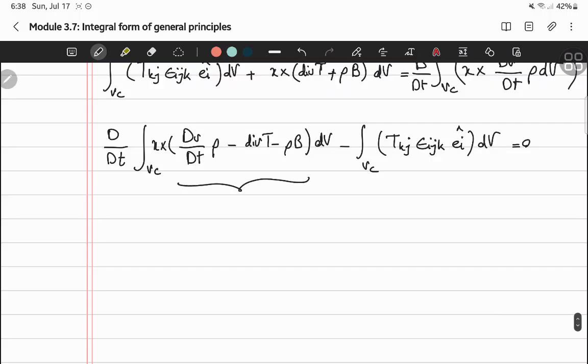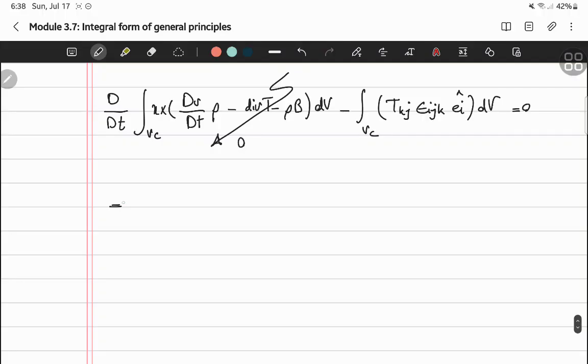So according to the principle of linear momentum, this is equal to 0. Therefore, minus the integral of t_kj epsilon_ijk e_i dV over VC is equal to 0.